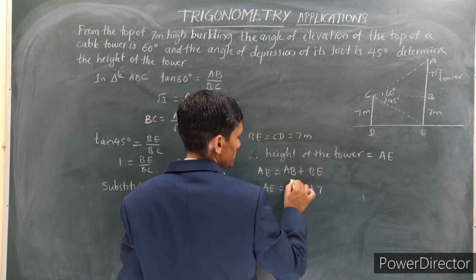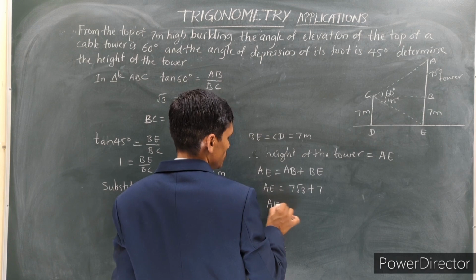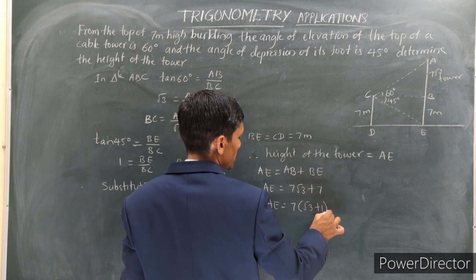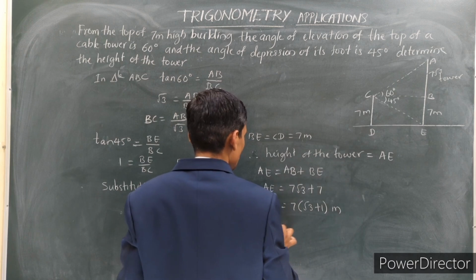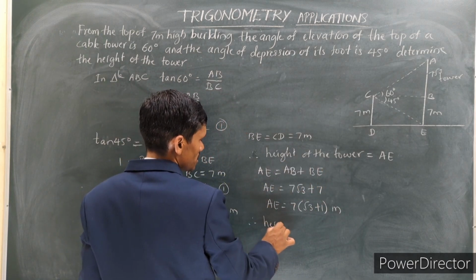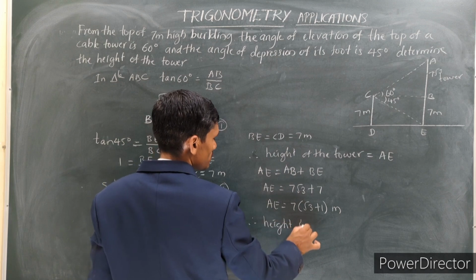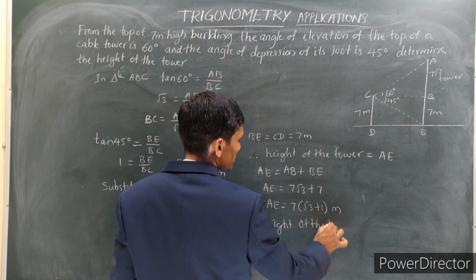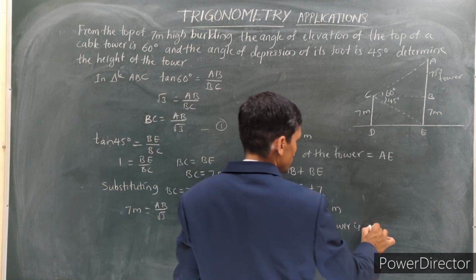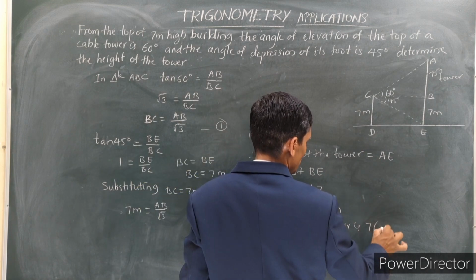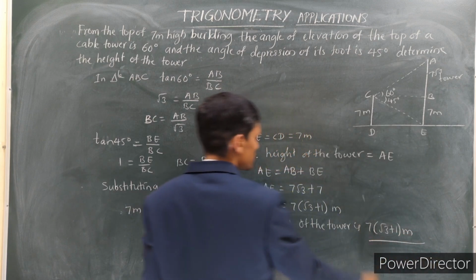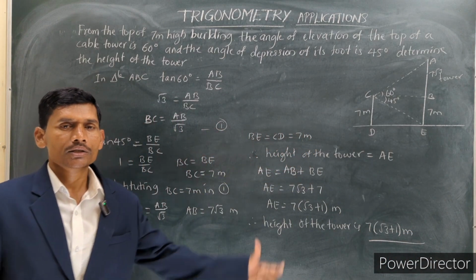This becomes AE is equal to 7 common you take, inside root 3 plus 1 remains, meter. So height of the tower is 7 into the bracket root 3 plus 1 meter. This is the answer.